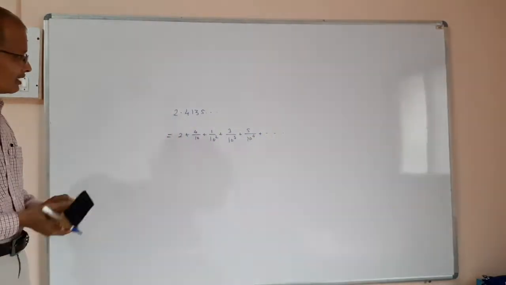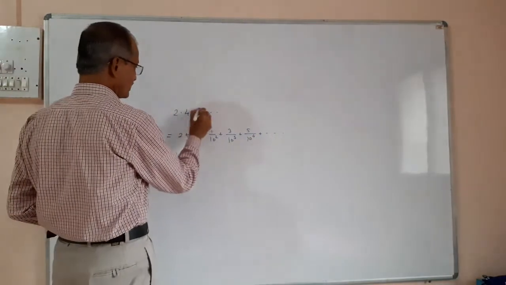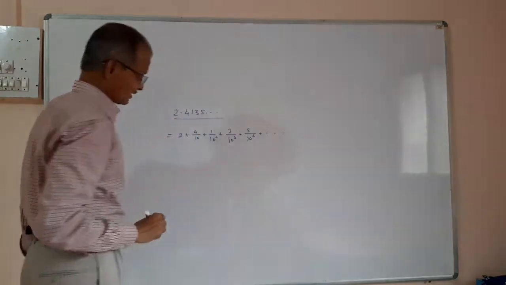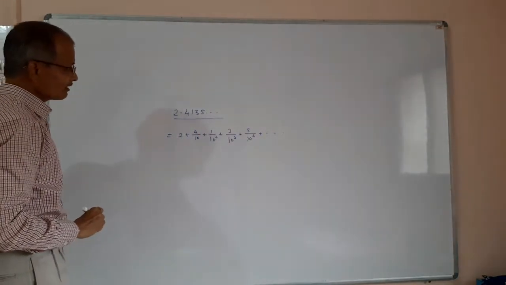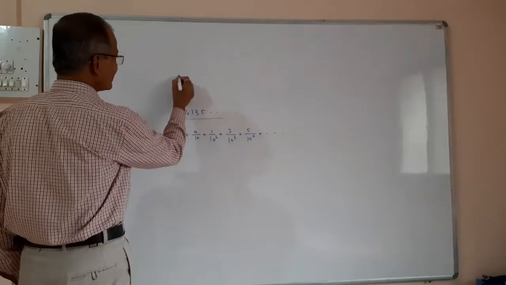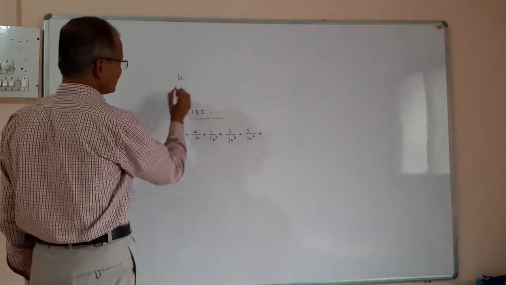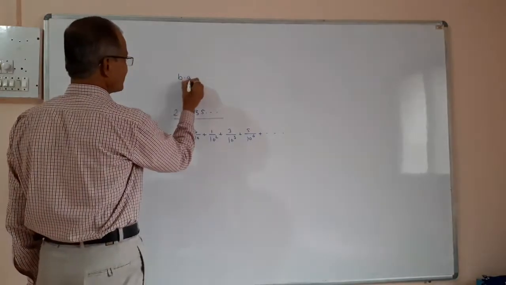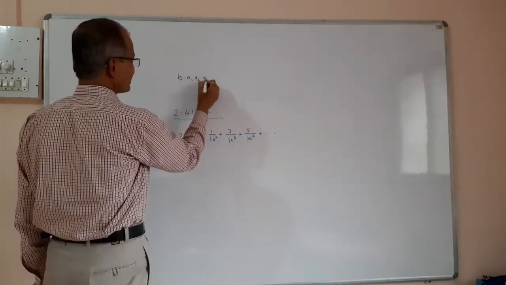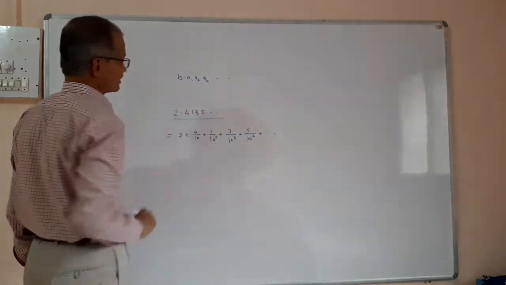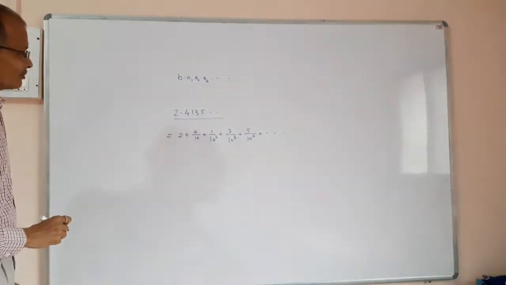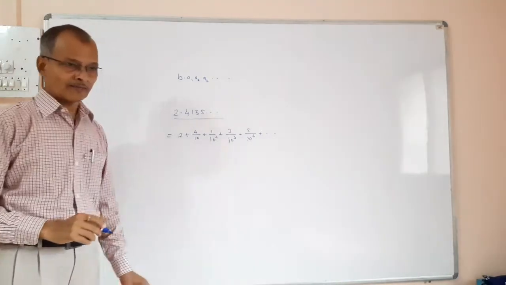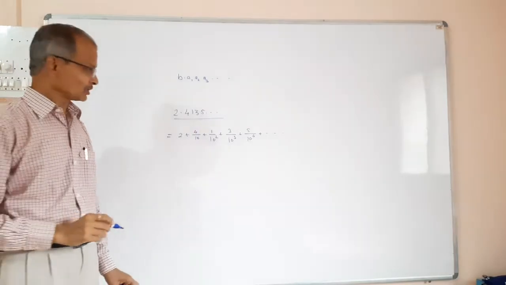So we shall consider the decimal representation of real numbers here. In general, a real number can be written in the form b, its integer part, and the decimal parts may be denoted by a1, a2, a3 and so on. So this is the representation of a real number in the form of a decimal expression.